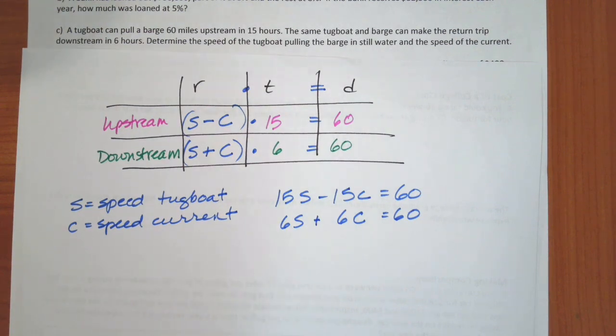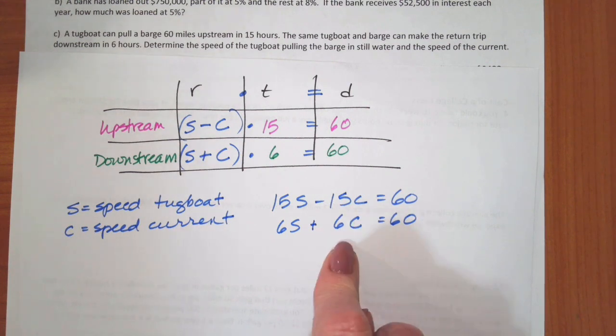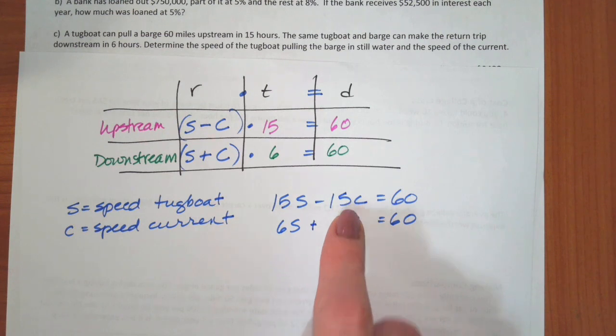Okay, from here, let's see what I'm going to do. Well, these are opposite signs, so I think I will eliminate them. The least common multiple of 6 and 15 is 30. 6 divides into 30, and so does 15.